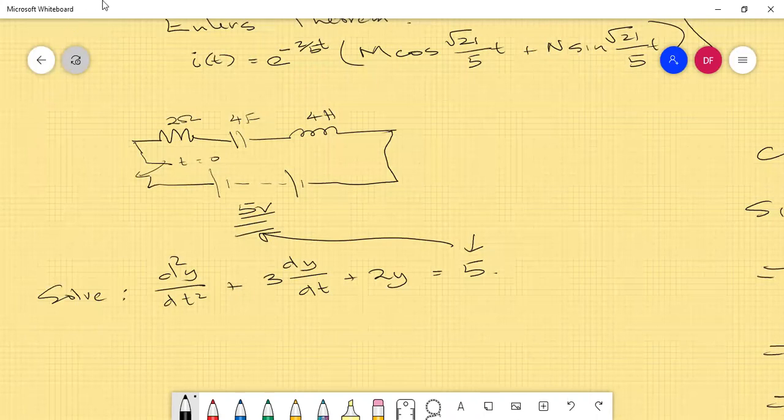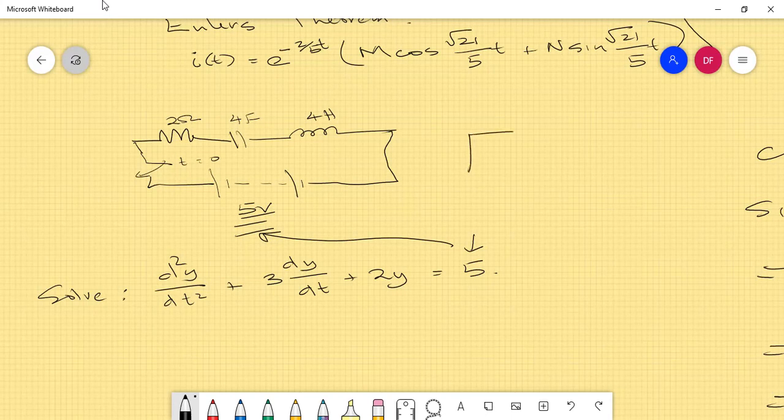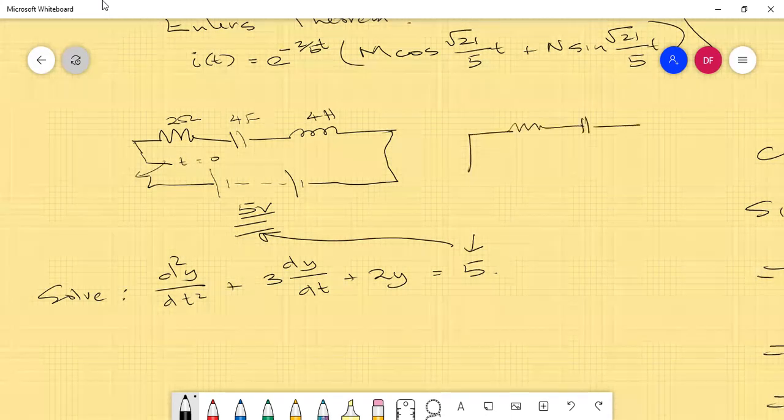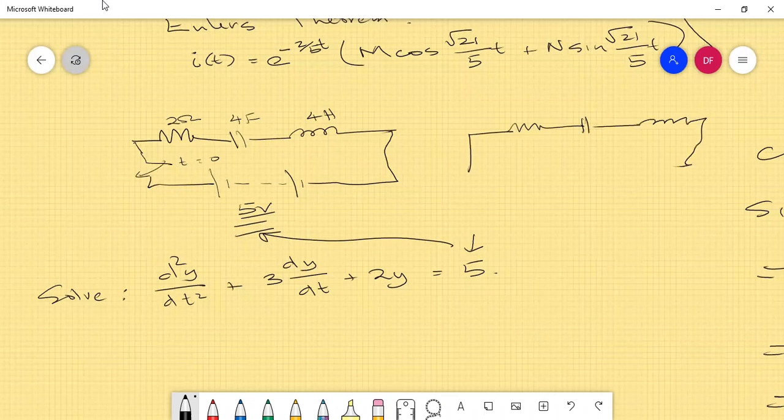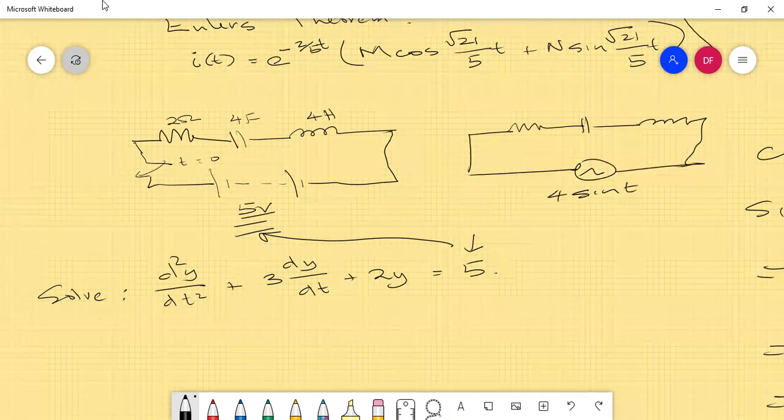All right, so you have different situations, because this here could be the same circuit, for example, and you had a sinusoidal input like sine t. Suppose you had that, then that would be 4 sine t.